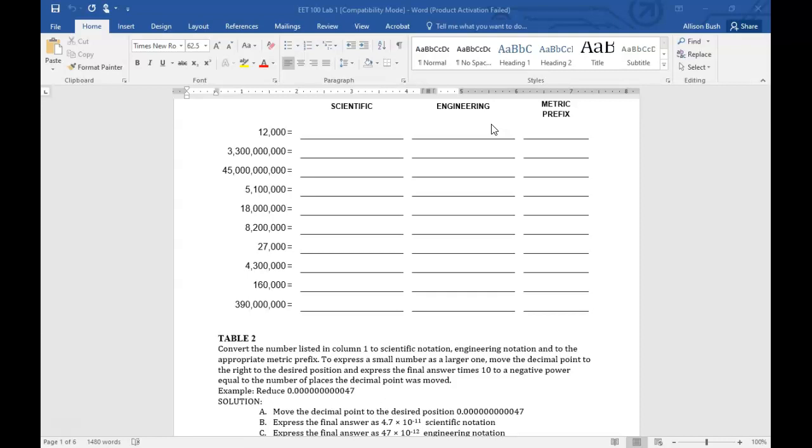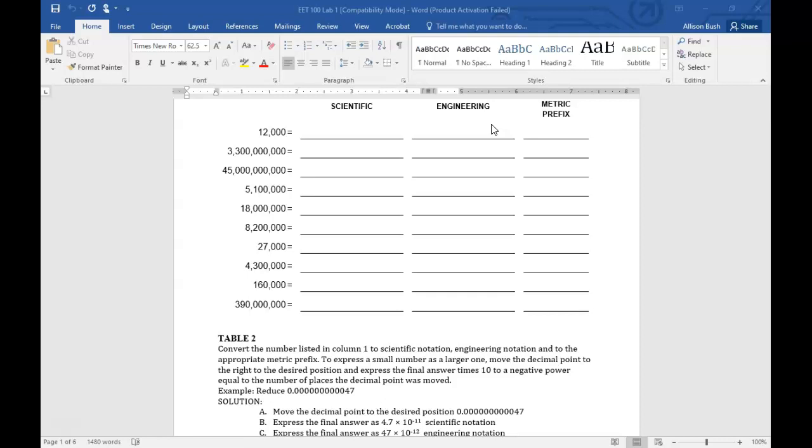What's my engineering notation? Should be 390 times 10 to the 6. What would that give me for my prefix real quick? It should be mega.